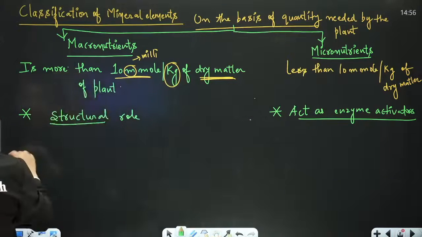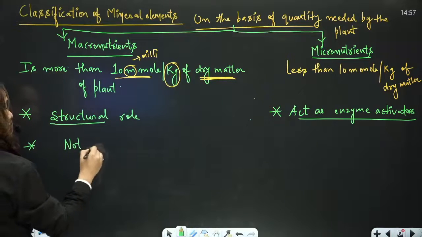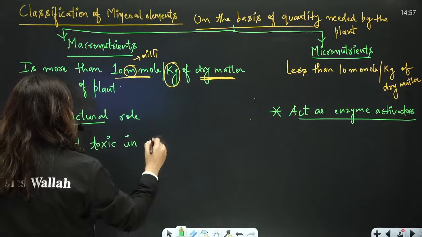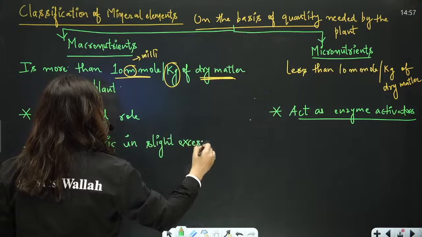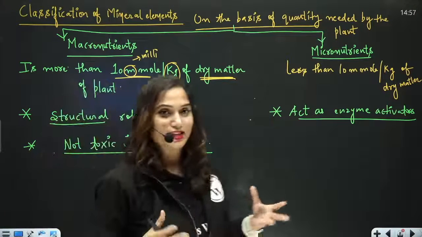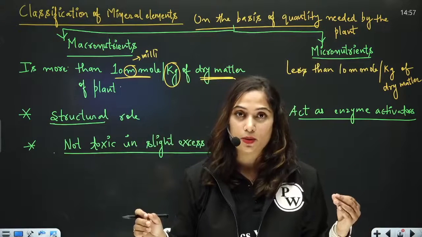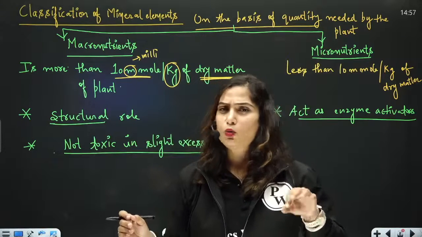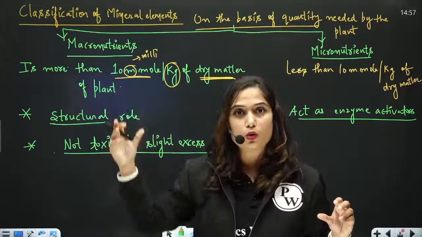Okay, then the macronutrients are not toxic in slight excess. What does it mean? That means if suppose magnesium is required in 0.03 ppm and if I provide 0.04 ppm to the plant, it will not be toxic. But obviously if you provide 0.08, it will be toxic.